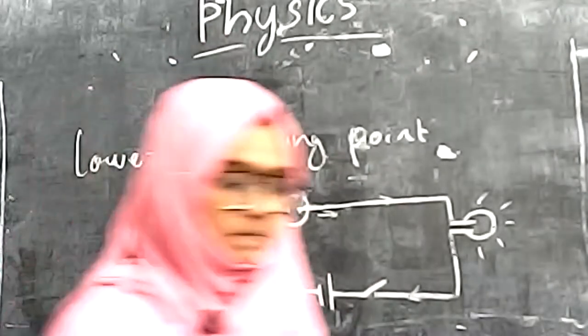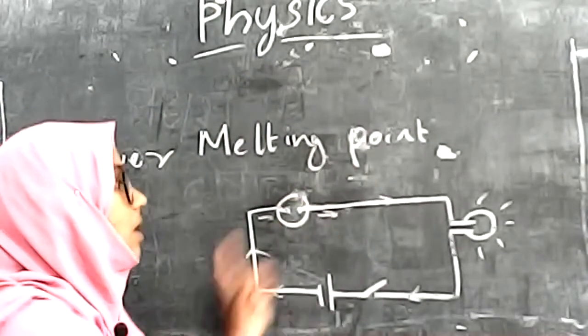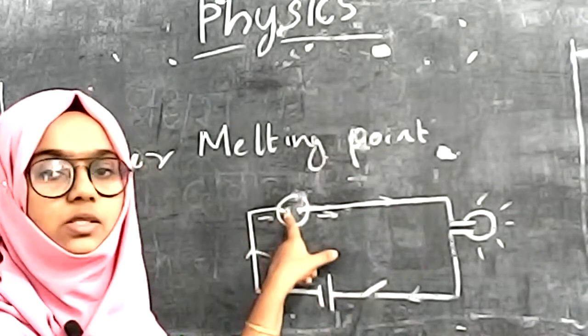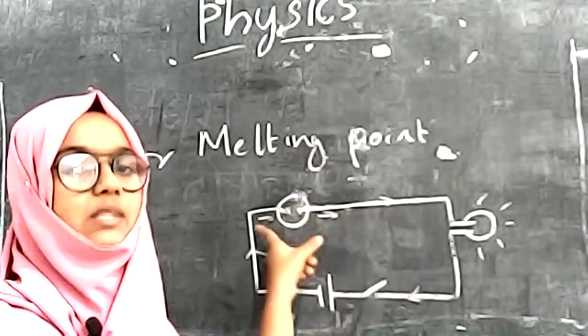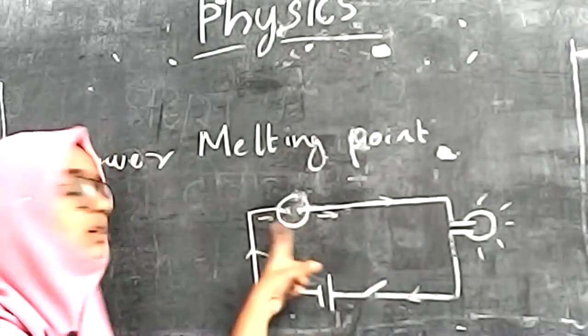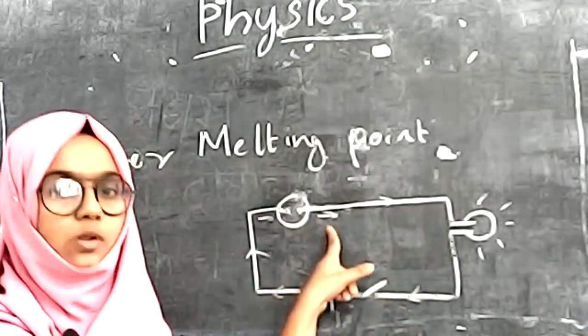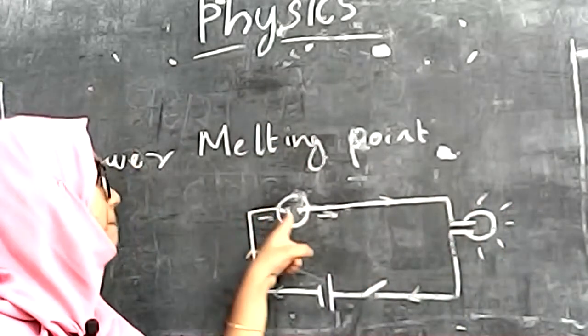At all times, electricity is passing through the circuit and also through the electric fuse wire. But in an overloading time, it is more heated.